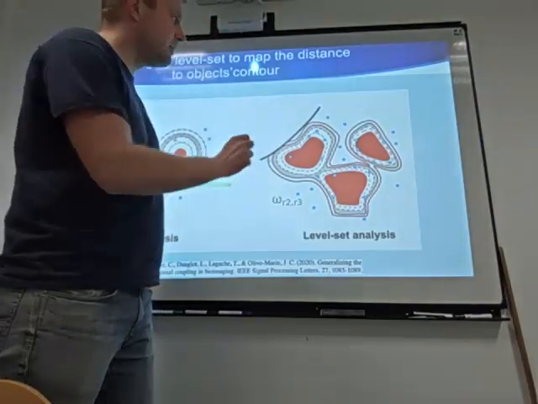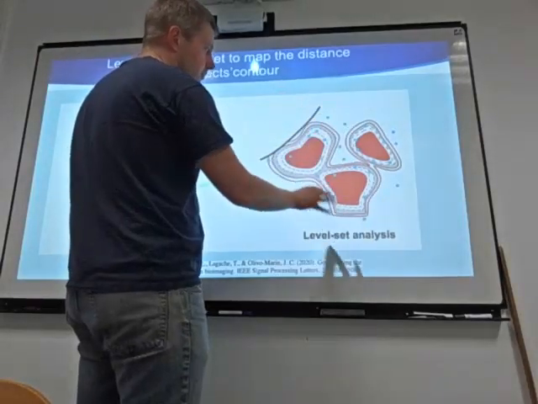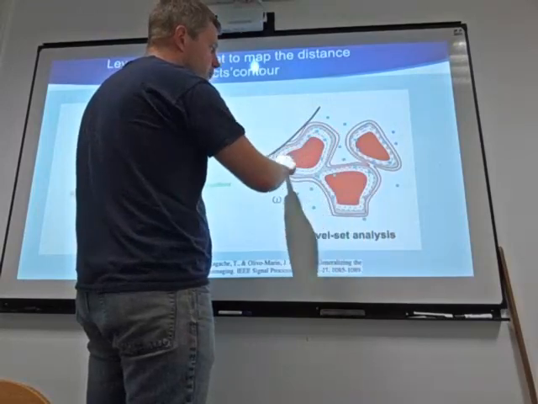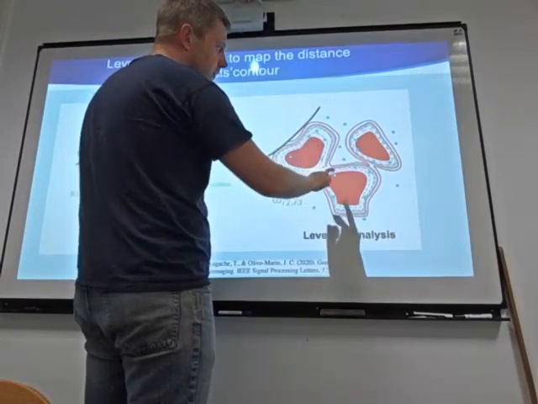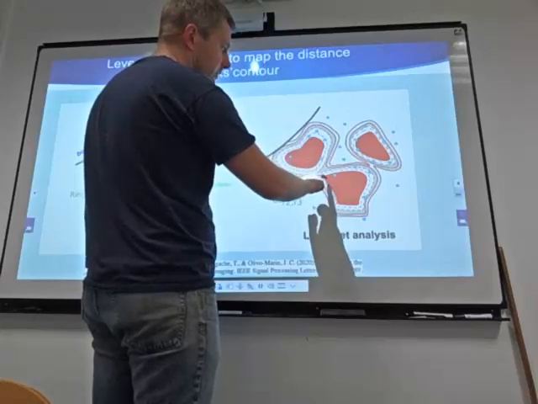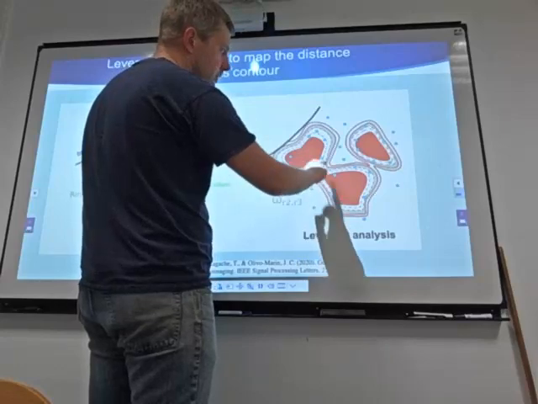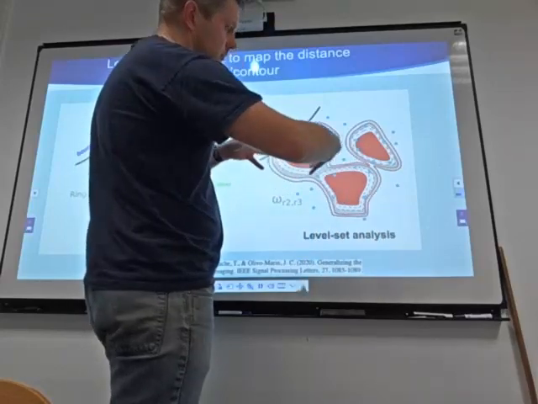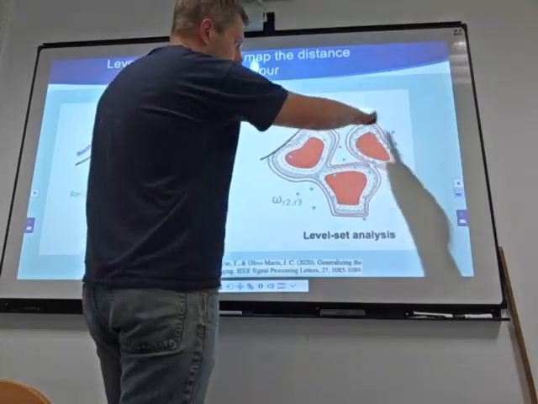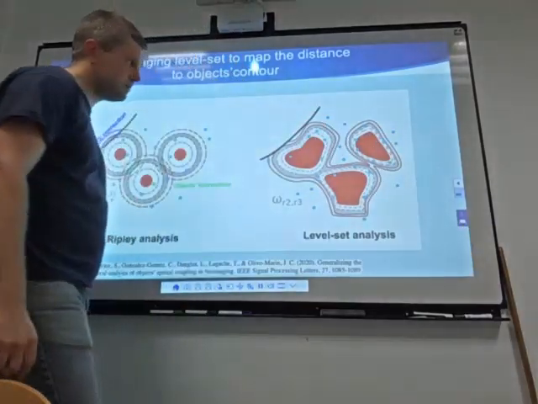So meaning that for each point in the domain, it is at a given distance from the closest contour of an object. And so, for example, here, this point is at a distance from one of these contours. And so you have a merge. When you grow the level set and look at the distance, it is going to map all the domain.